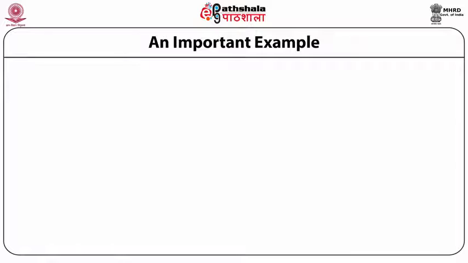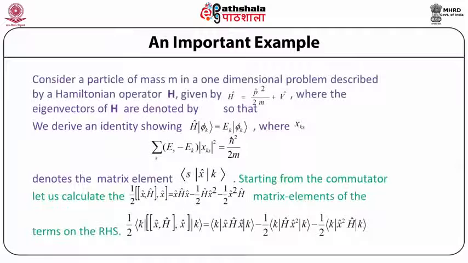An important example. Now let us consider a particle of mass m in a one-dimensional problem described by a Hamiltonian operator H given by H equals p squared by 2m plus V, where the first term on the right hand side is the kinetic energy operator, and the second term is the potential energy operator.